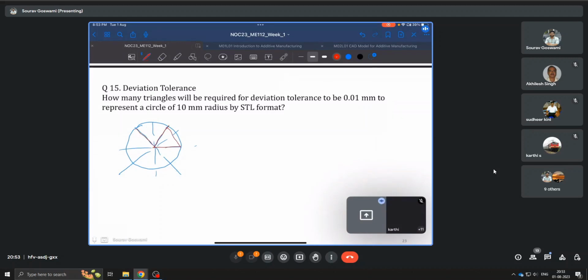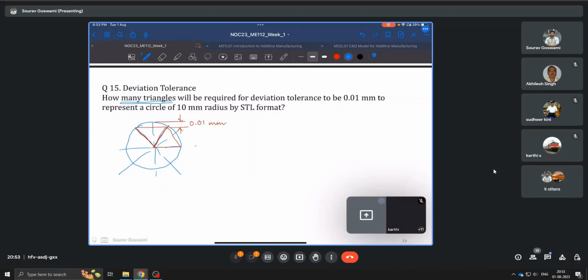And I have a neighboring triangle here. And it is this deviation tolerance which is supplied to me. What I'm trying to determine is how many such triangles I can divide or tessellate the surface into.